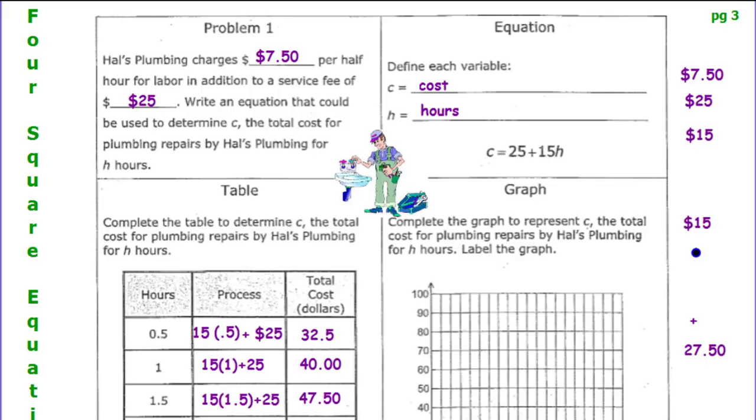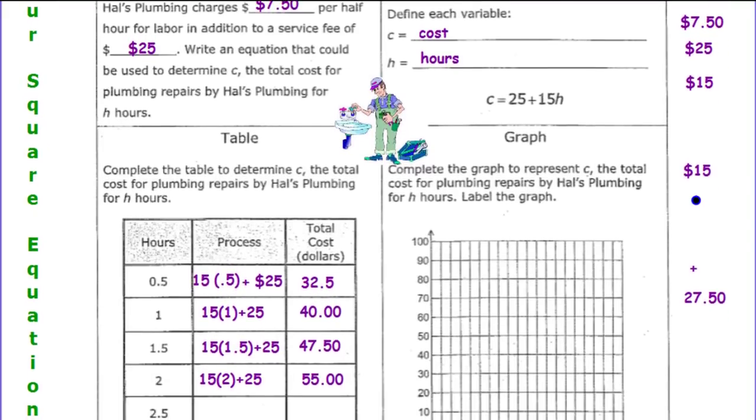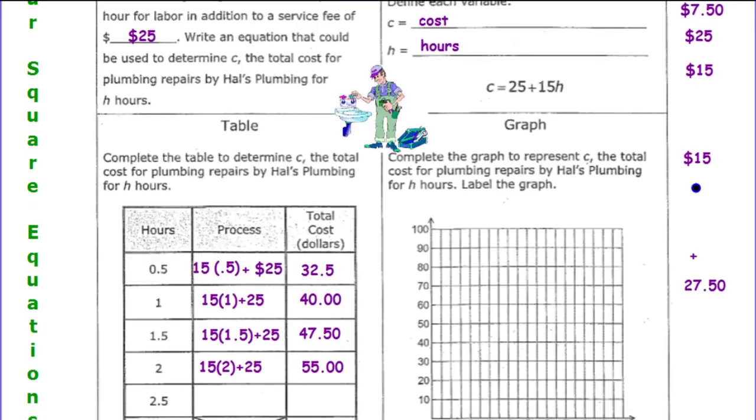So now we can scroll down a little bit and look at our table. Let's finish this table here with 2.5 hours, which would be $62.50. So now that we have our x and y, this is our independent variable, x, and this is y.